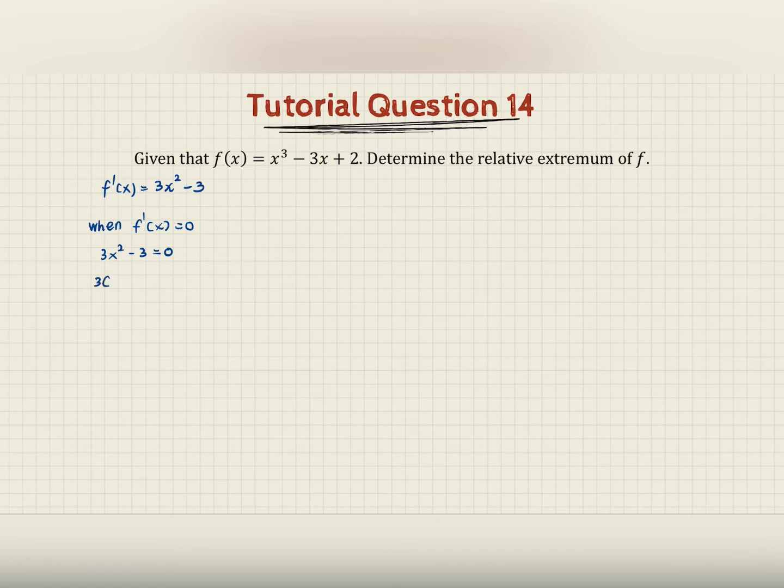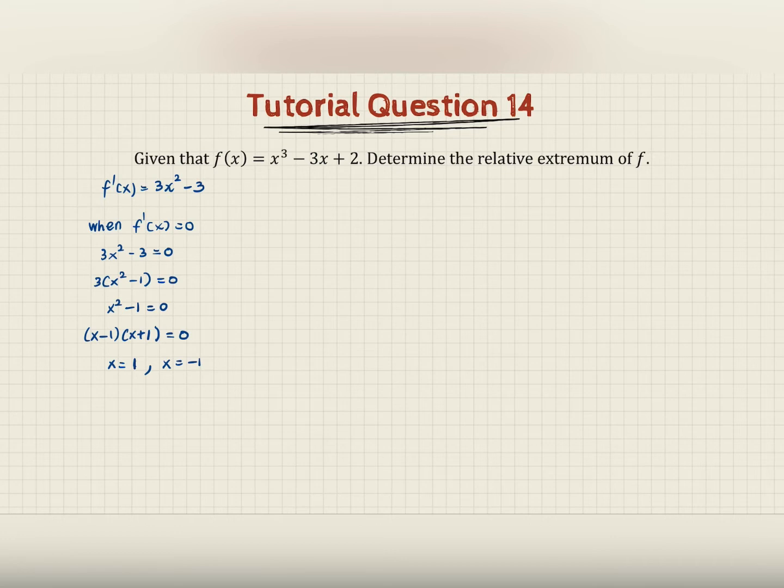Factorize 3 dahulu. So, kita dapat x square minus 1 equals to 0. Pindahkan 3, hanya tinggal x square minus 1 equals to 0. So, this one can be factorized into x minus 1, x plus 1 equals to 0. So, that means our x will be equals to 1 and juga x equals to negative 1.